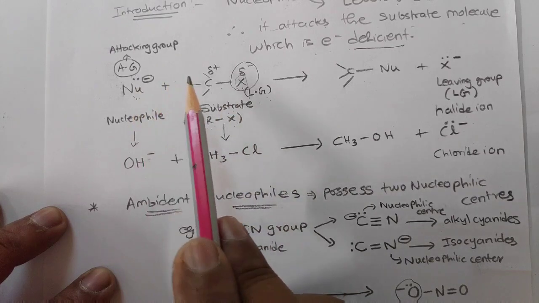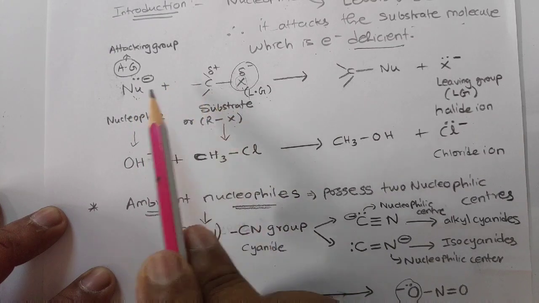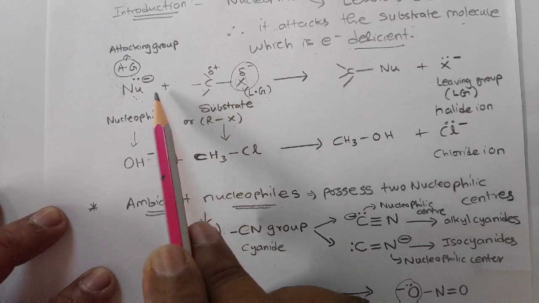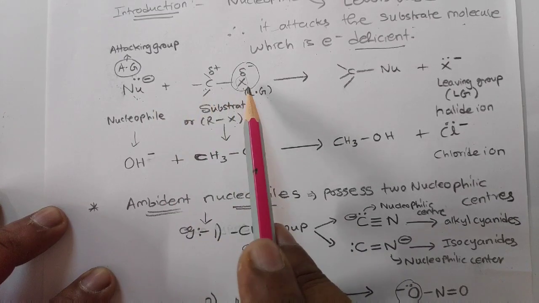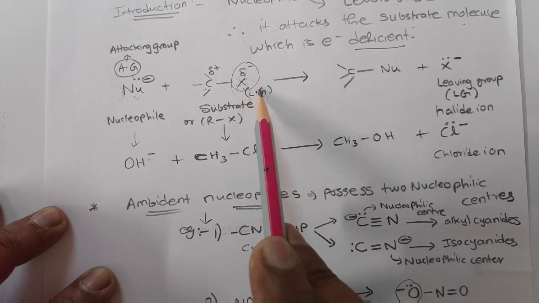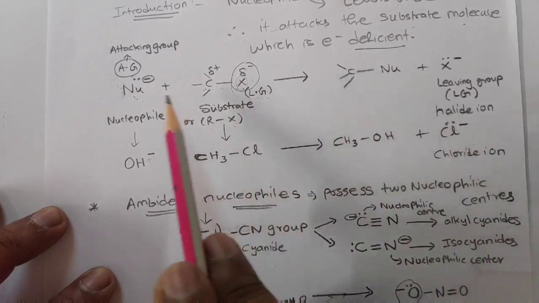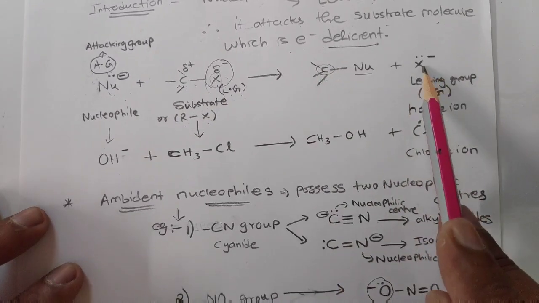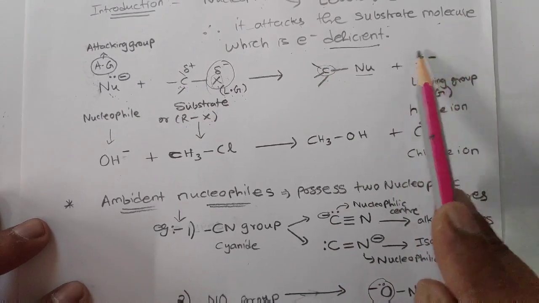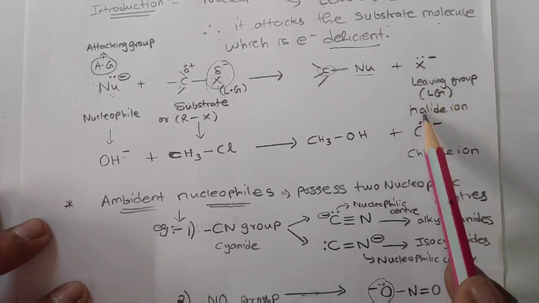So nucleophile will attack this carbon from this side, not from this side, means from the left side, and on the right side this halogen will be leaving from here. So you will see the nucleophile is attached to this carbon, right? And you can see here the leaving group, that is the halide, Lg, leaving group.